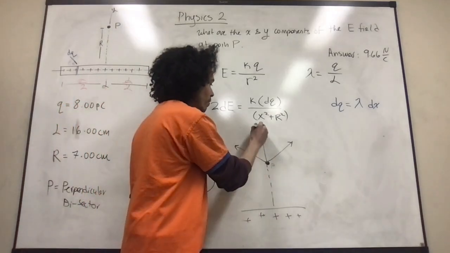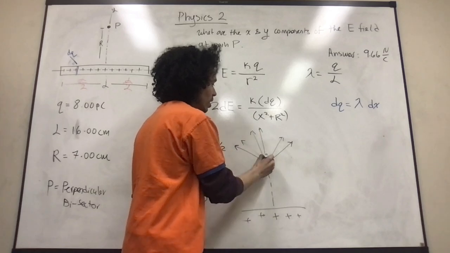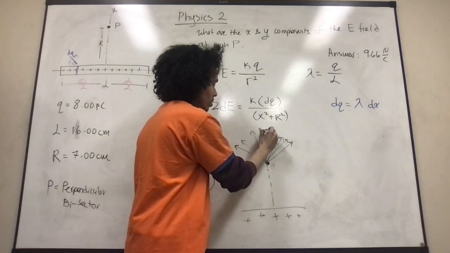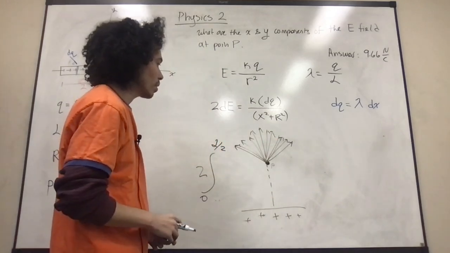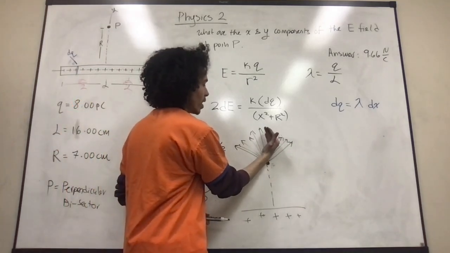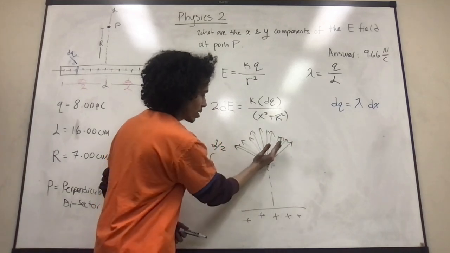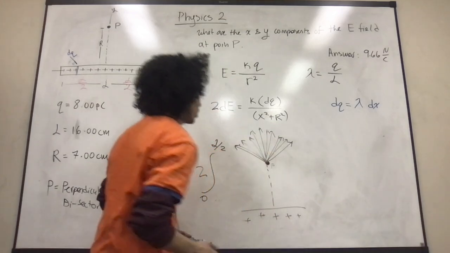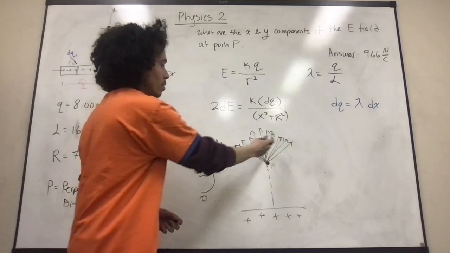Imagine an infinite amount of arrows, vectors pointing upward, and as you integrate through the rod, you get all these electric field vectors.